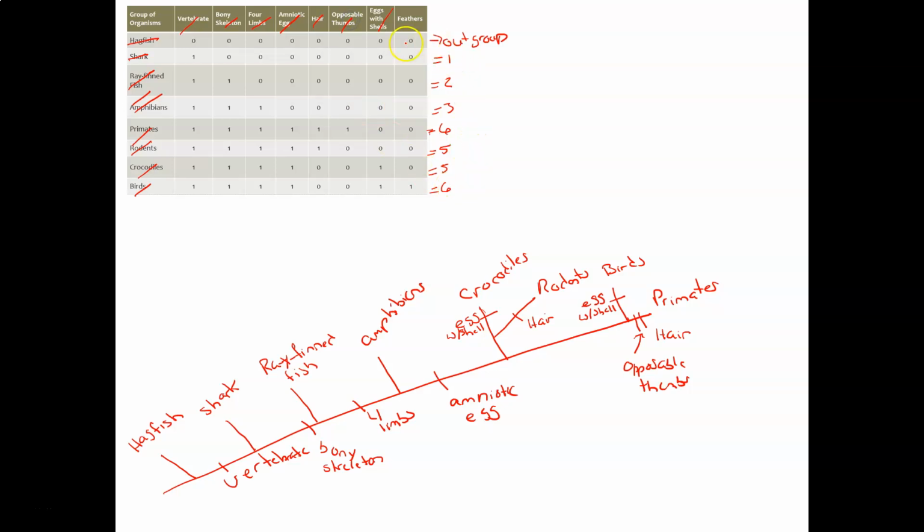And then I'm also left with those feathers, which again is unique to the birds and nobody else. So that means that's also on their line, independent of everything. All right, so now I've taken care of all the species, all the characteristics, and this is the cladogram that I'm left with.